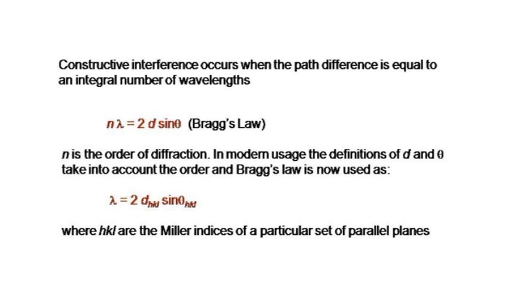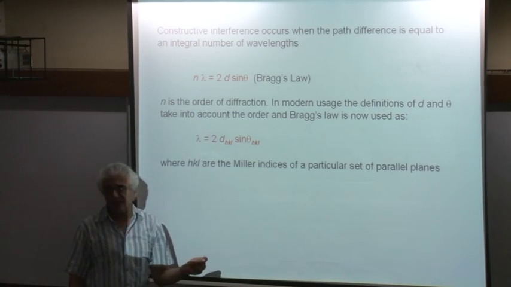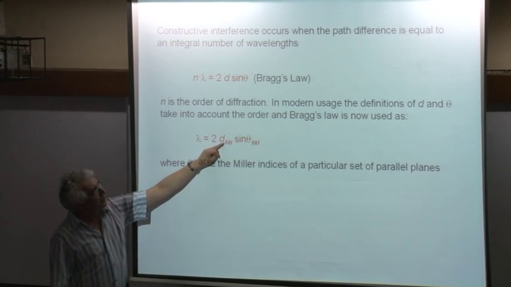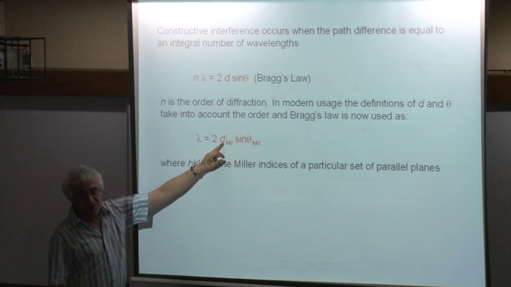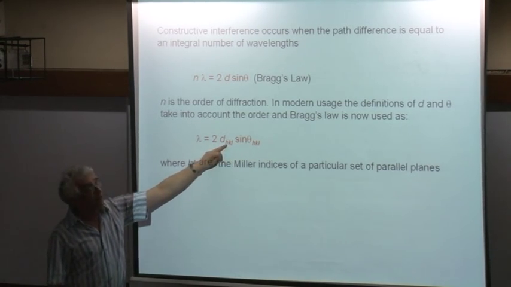That was Bragg's original formulation, and still most students know it in this way. But in fact, when we're dealing with X-ray data from a modern diffractometer, we take n into account by specifying, for the particular d-spacing and the particular angle, the Miller indices.